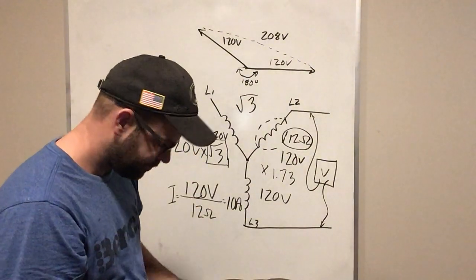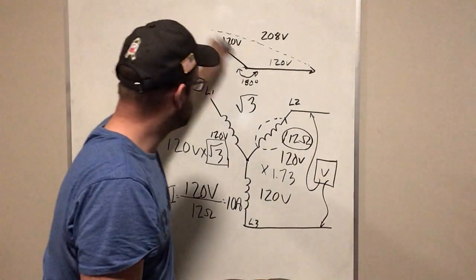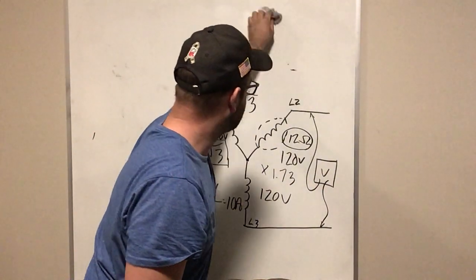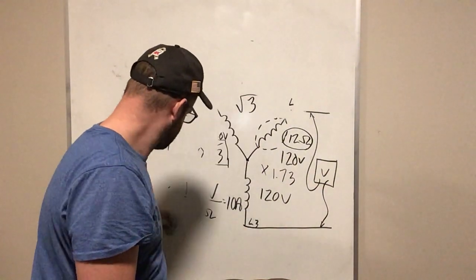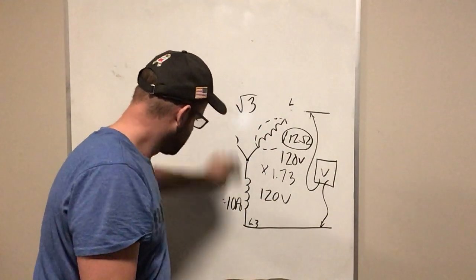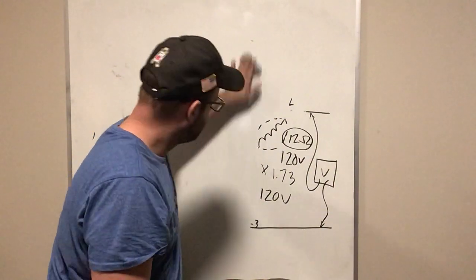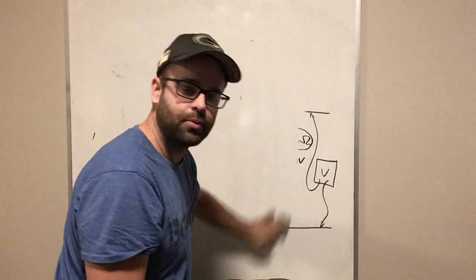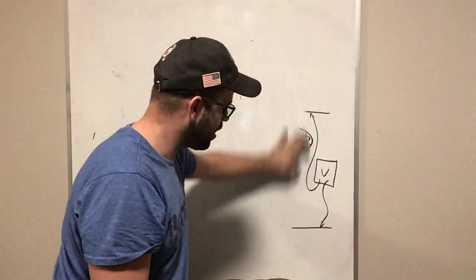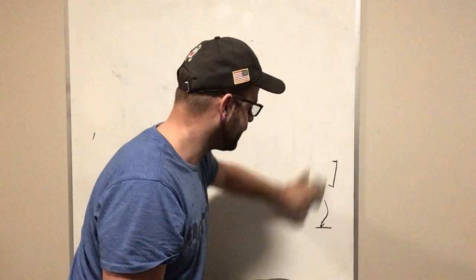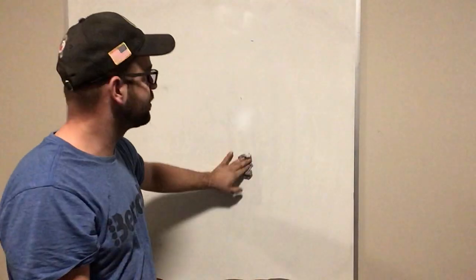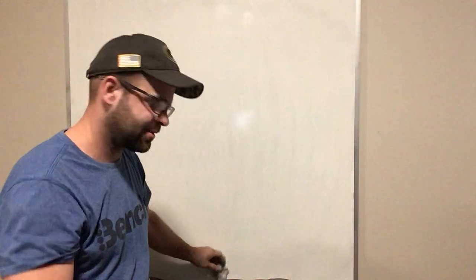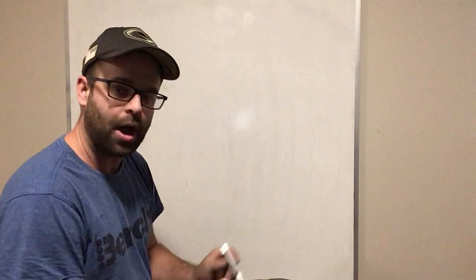Okay? So I'm going to erase that quick. So I'm going to go through the rules for Y and delta, and then I'm going to call that a video, because it is a fair amount just to start out and figure out.